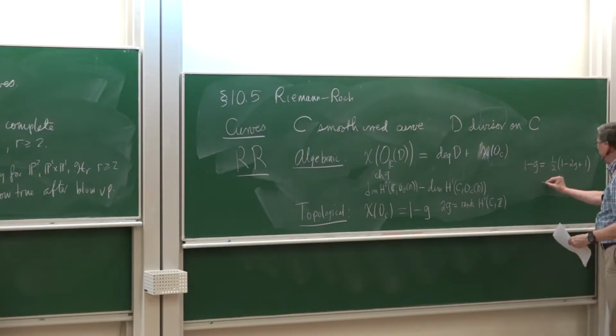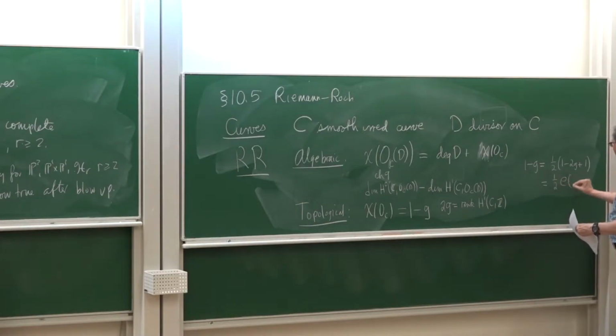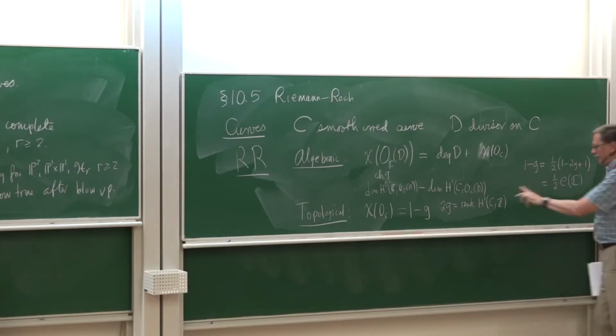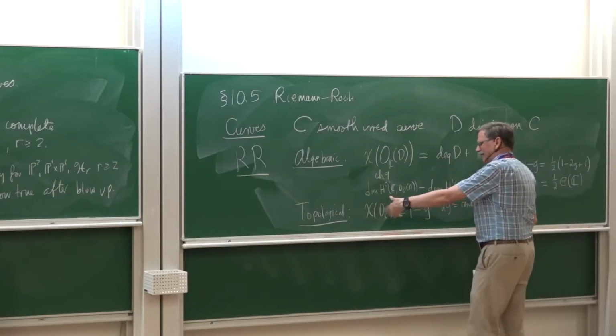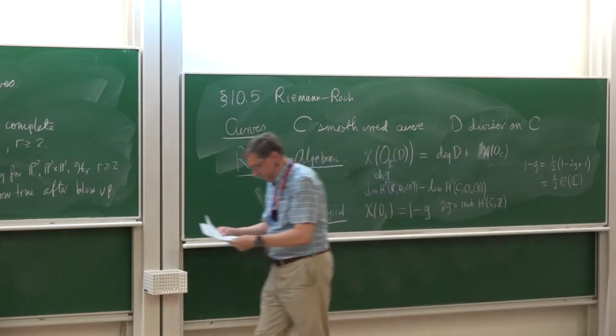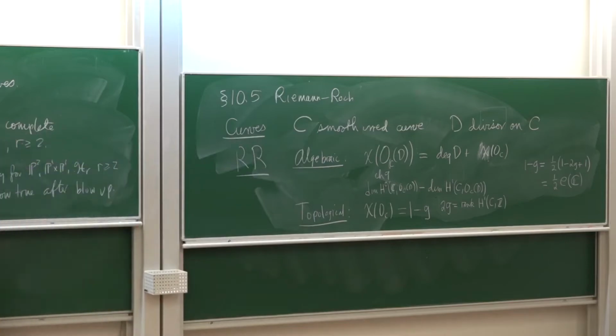What's interesting about this is it's 1/2 times the Euler characteristic, because these are the Betti numbers, so this is just the alternating sum of the Betti numbers of that curve. So again, this is a topological invariant that is equal to this thing from algebraic geometry. So that's Riemann-Roch in dimension 1.